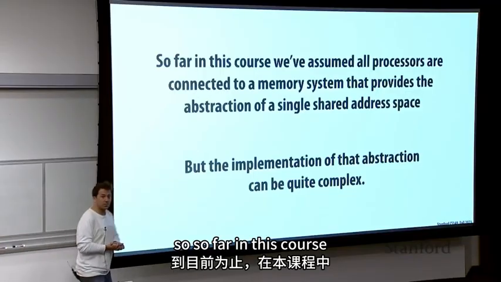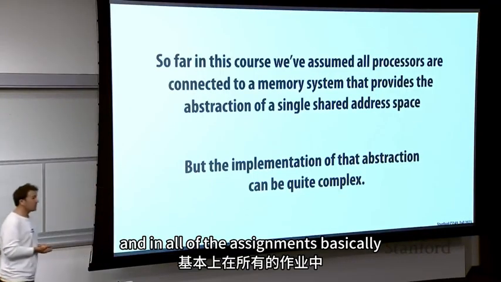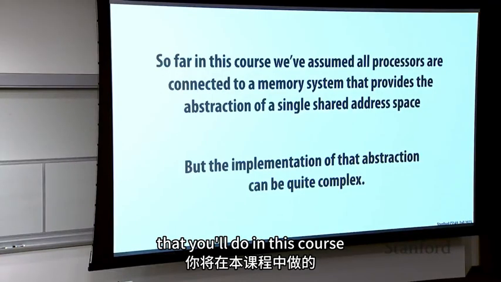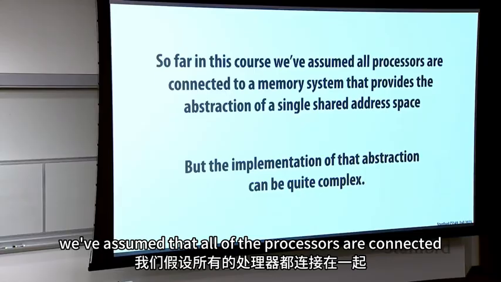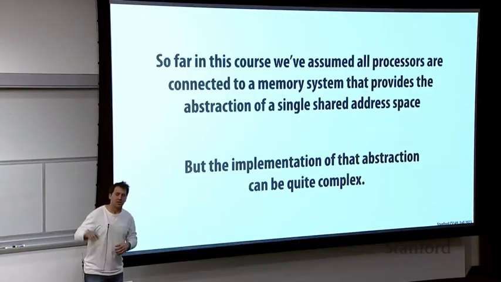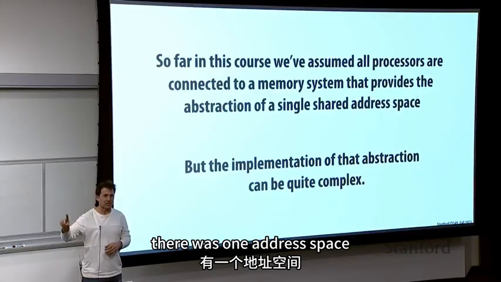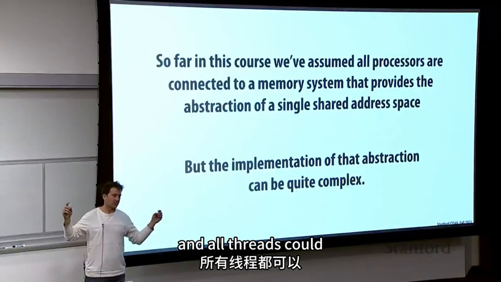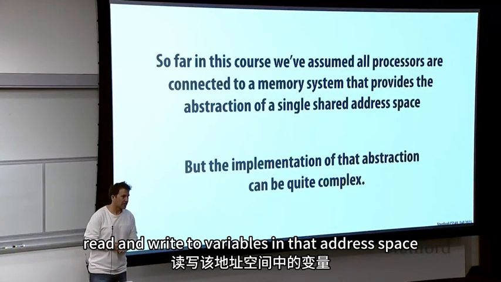So far in this course, and in basically all of the assignments you'll do in this course, we've assumed that all of the processors are connected to some shared memory system, or in other words, there was one address space and all threads could read and write to variables in that address space.